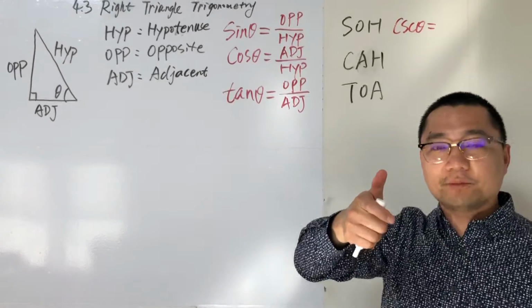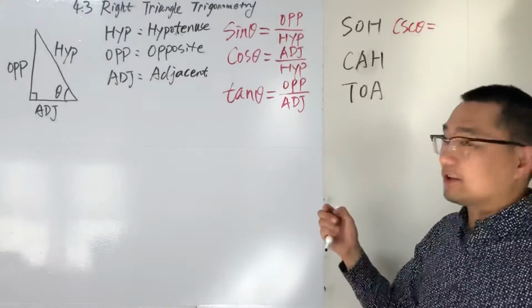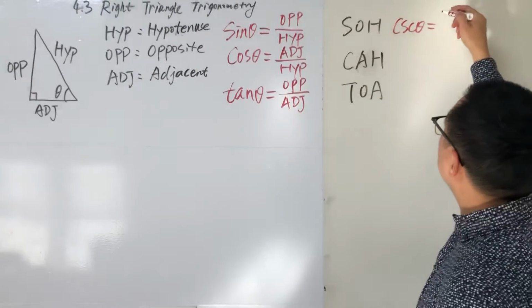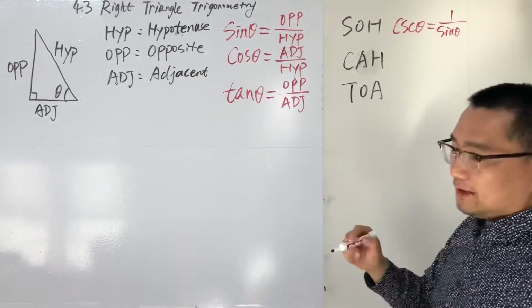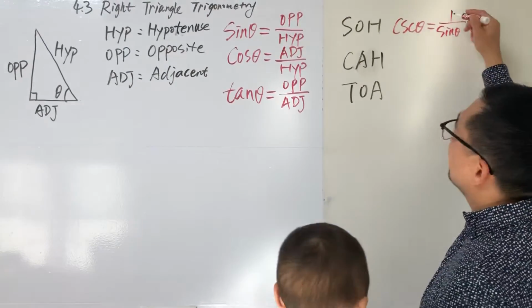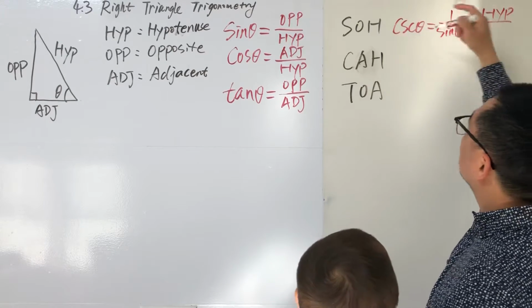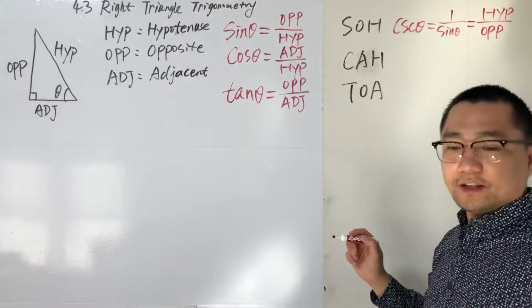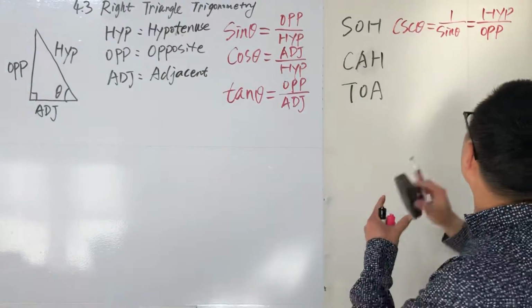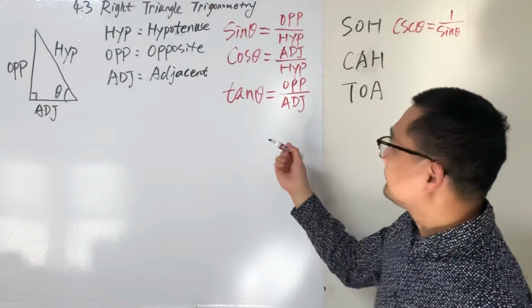It's the same thing for the right triangle. If cosecant is 1 over sine theta, that means it is hypotenuse over opposite. I'm not sure you can see this on this side. Maybe I can rewrite it here.